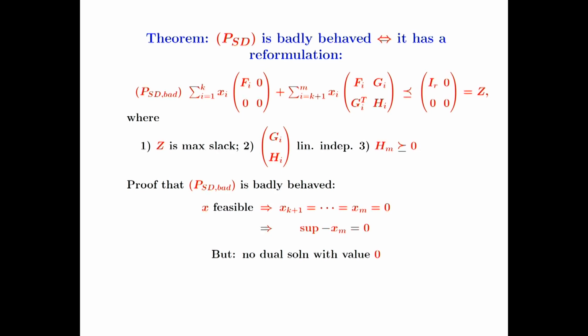So that's an objective function which gives me a 0 optimal value. But there is no dual solution with value 0, right? This needs a little bit of work, but the point is that this trivial objective function, supremum of negative xm, is a bad objective function. So from this reformulated bad system, it's easy to read off a bad objective function.